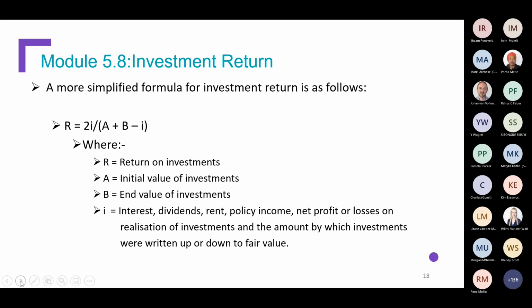The following formula can be used to calculate the investment return.